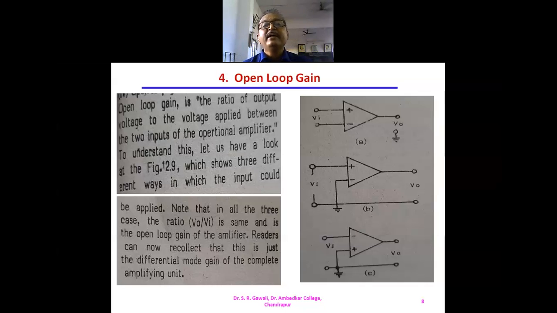There is another way of taking the open loop gain, where one terminal is grounded, means minus terminal is grounded. Here in the second diagram I have shown it.